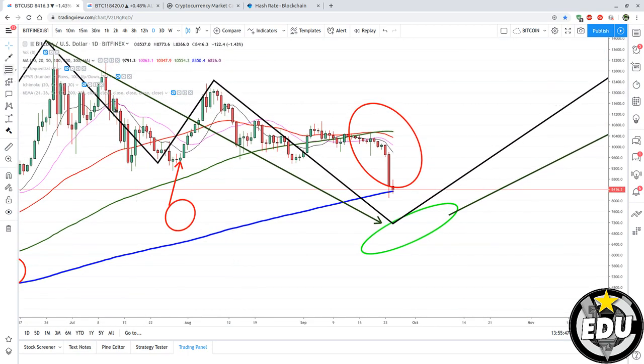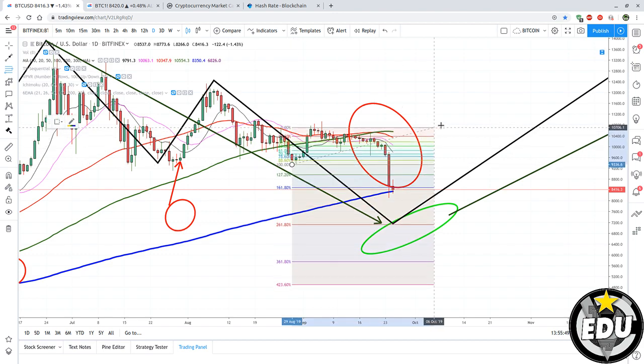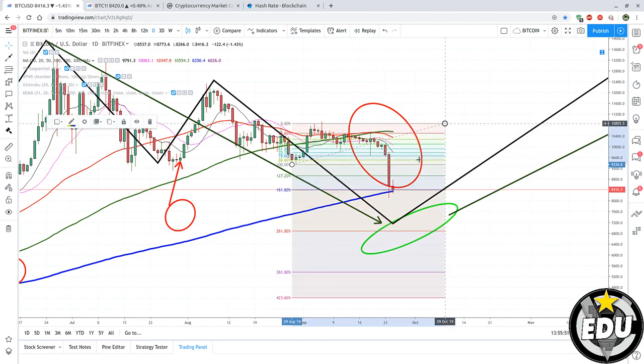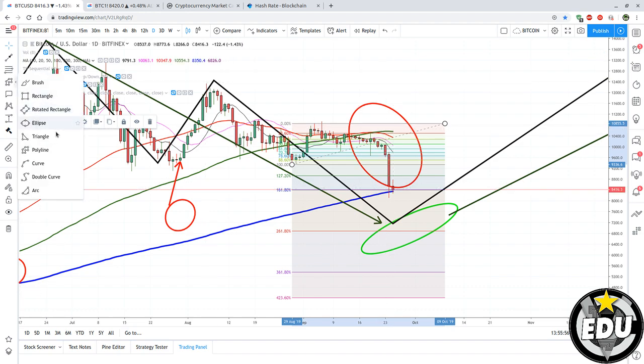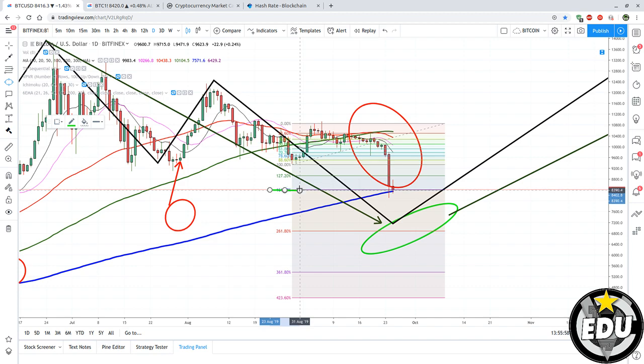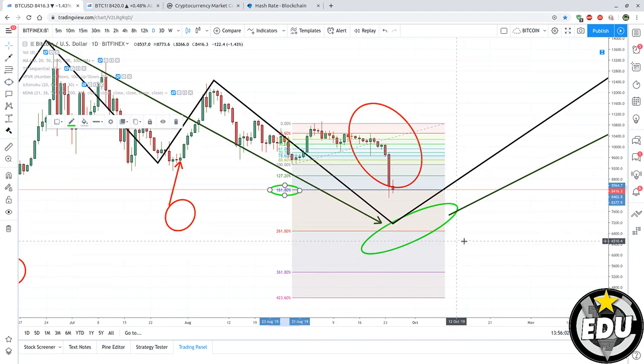If I trace just a quick one, look at how nicely the 61 is respected here. First target, and then, well, I can remove the moving average, and then we got the 261, a 7K.